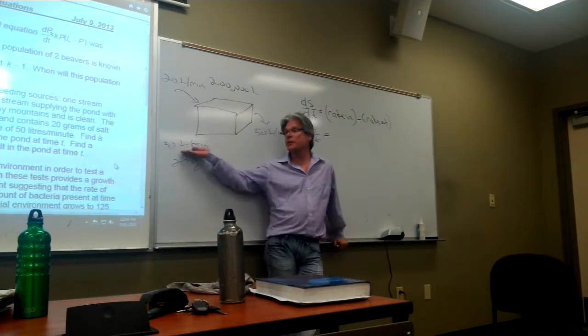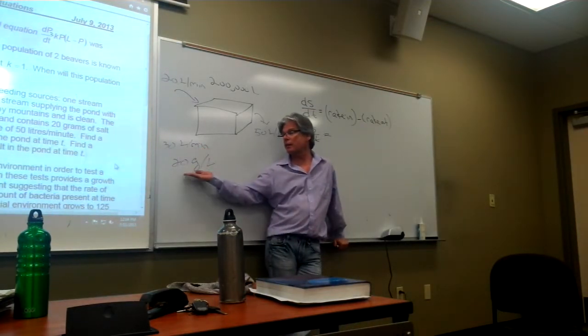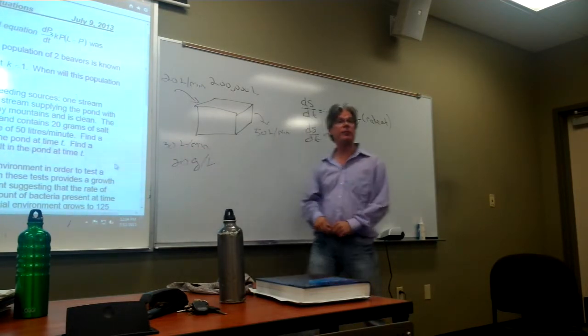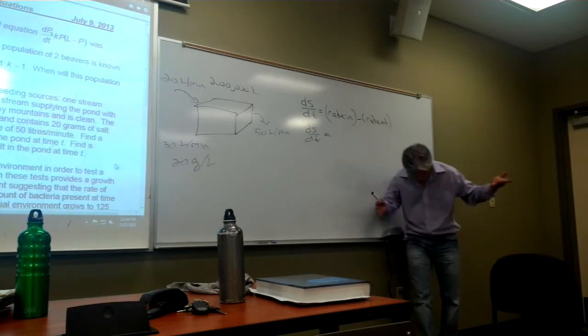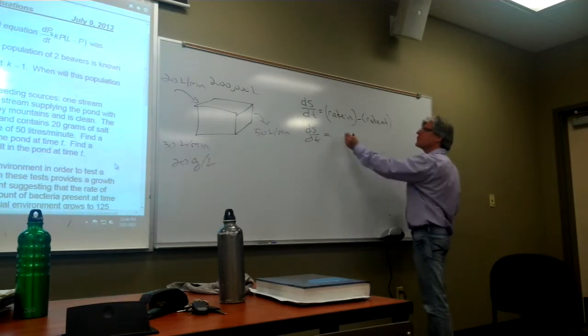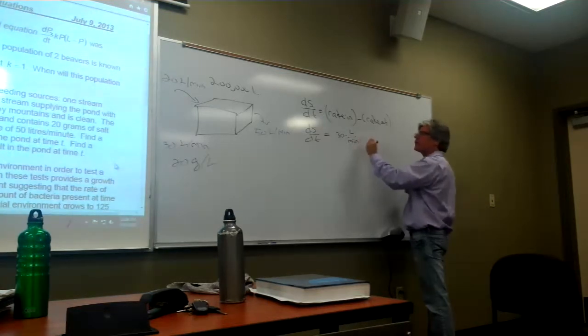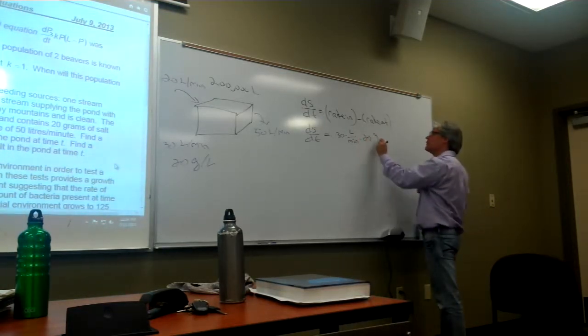Here's the rate of fluid coming in. Here's the concentration of salt in that fluid coming in at this rate. And so I think the rate at which the salt is coming into the pond is going to be nothing more than the product of the rate of fluid with the concentration of salt in that fluid.